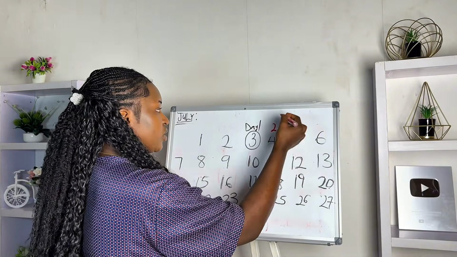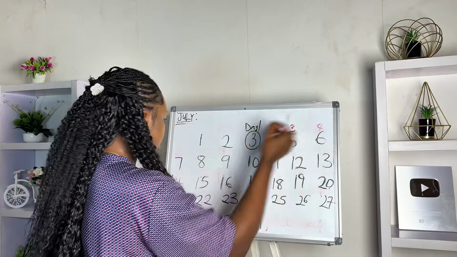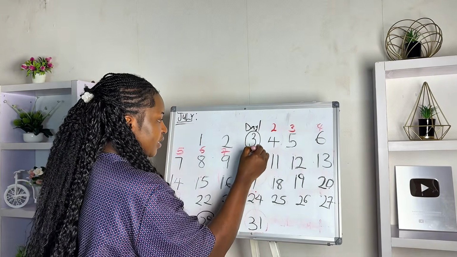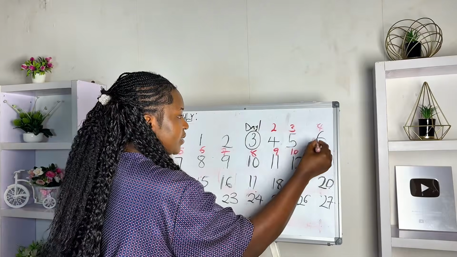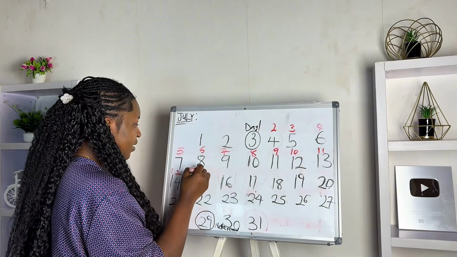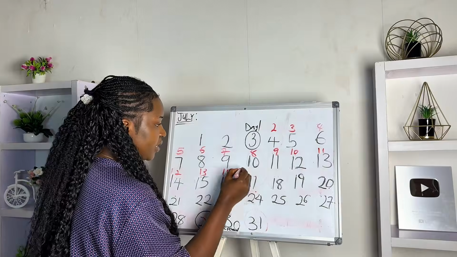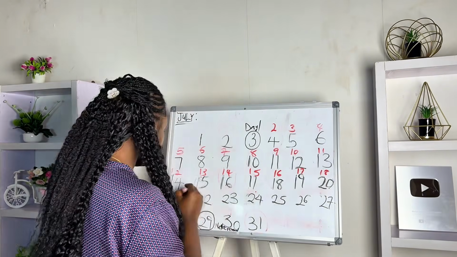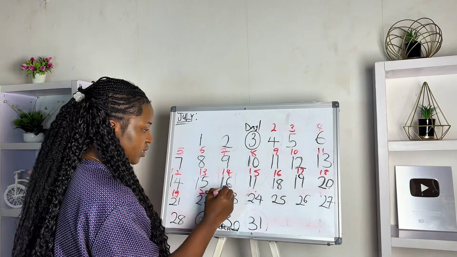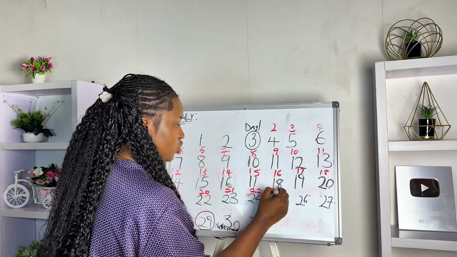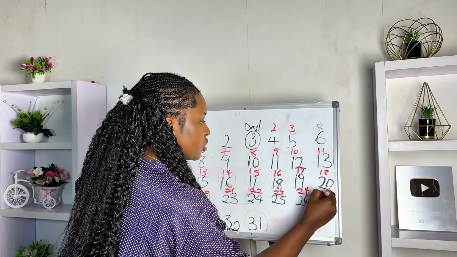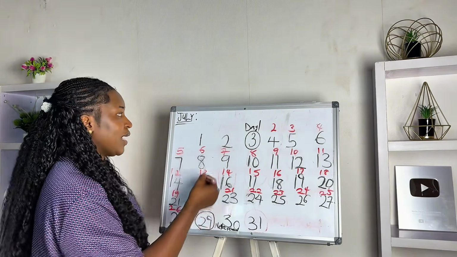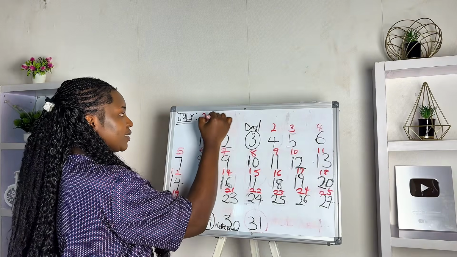So it's going to be day 1, day 2, day 3, day 4, day 5, day 6, day 7, day 8, day 9, day 10, day 11, day 12, day 13, day 14, day 15, day 16, day 17, day 18, day 19, day 20, 21, 22, 23, 24, 25, 26. So this person has a 26-day cycle.